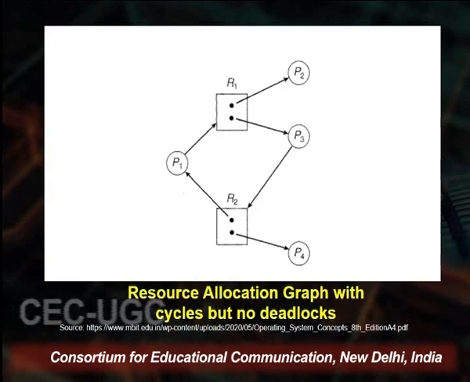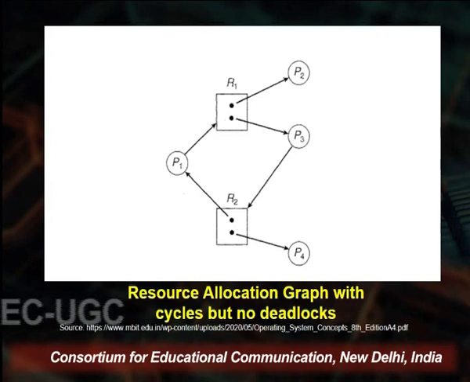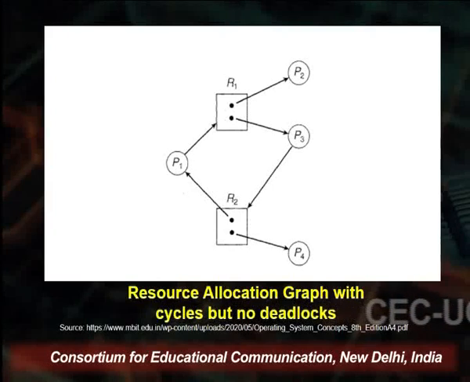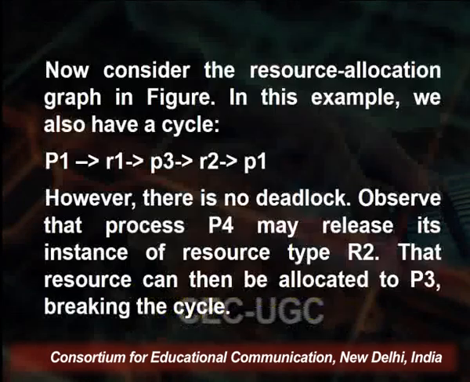P1 has requested R1, while the 2 instances of R1 available in the system have already been assigned to P2 and P3. Then P3 is also requesting R2, while the 2 instances of the resource R2 have been assigned to P1 and P4. This is the situation here.